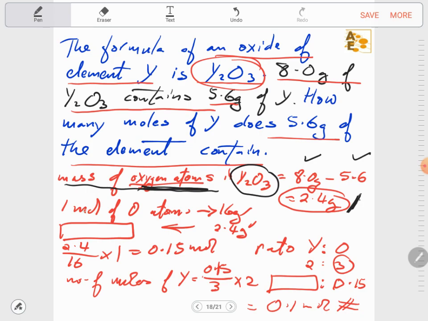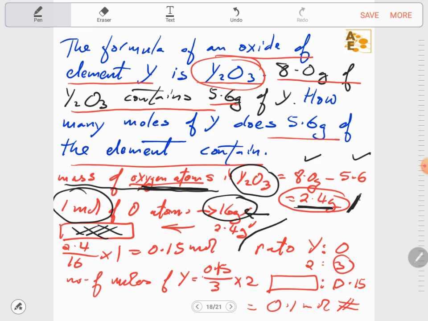And we know that 1 mole of any substance corresponds to the molar mass, which in this case is 16 for oxygen atoms. Therefore 2.4 divided by 16 will give you the moles of oxygen.